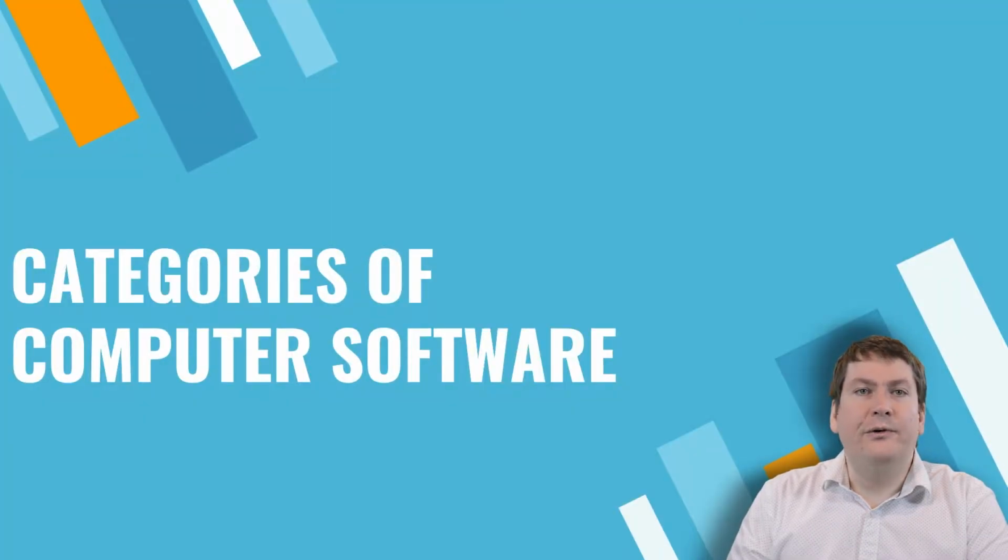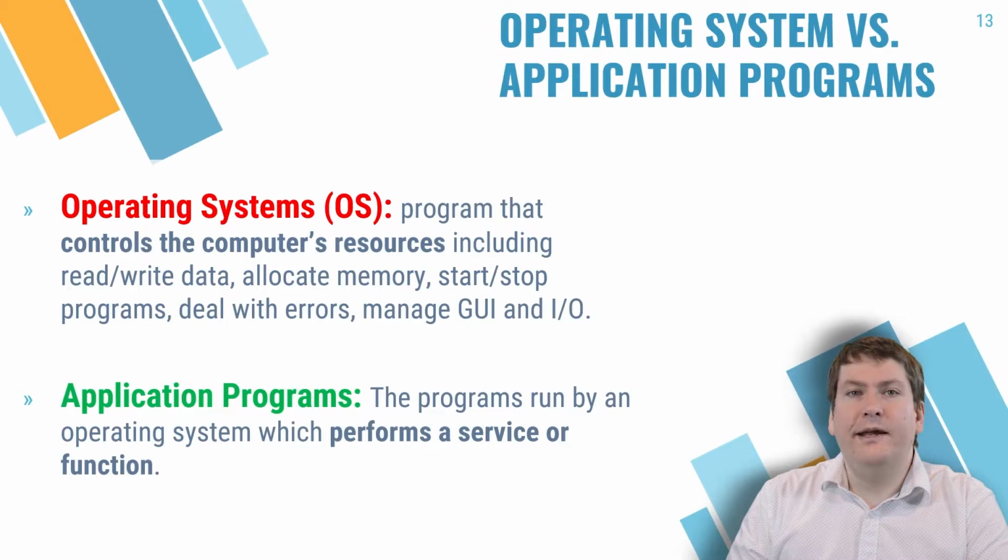Let's now move on to categories of computer software and how we can classify different software packages. So the first way we can categorize software is by operating system or application program, or sometimes it's called application software. Operating systems, or OS for short, run your computer and control the hardware.